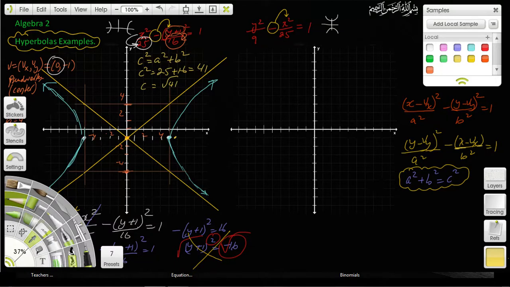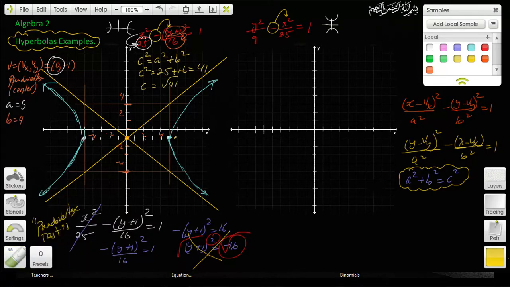So that's our c. Let me just highlight that. The c is going to be from here to here. That's our c, and that is the square root of 41, which is about 6.4. I'm just guessing that it's 6.4. So that's the value of c, and the coordinates of the focus are going to be square root of 41 and -1.